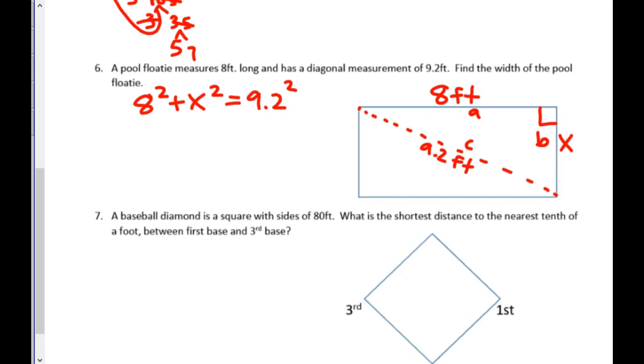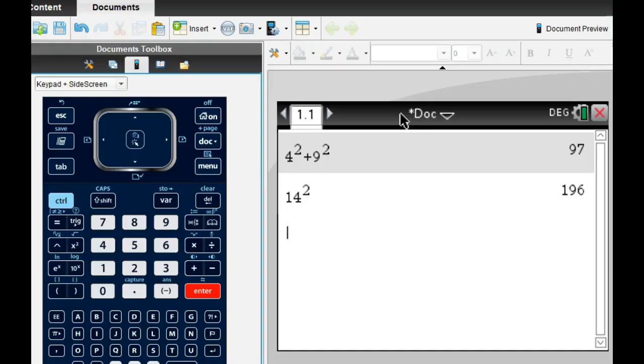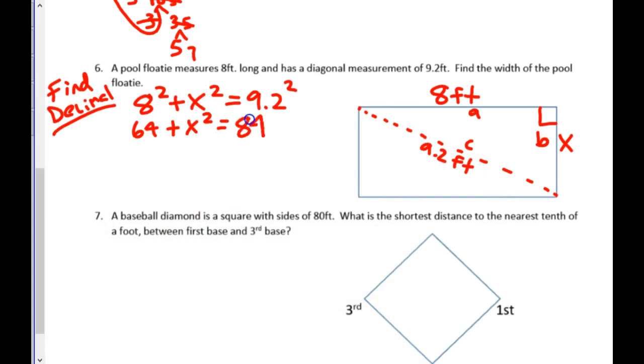So let's do this. Now, in this case, we're going to have to find the decimal. So 8 squared is 64. 9.2 squared is 84.64. And then we need to get rid of that 64 on the left, so subtract it.